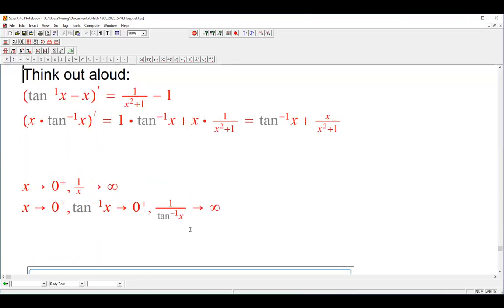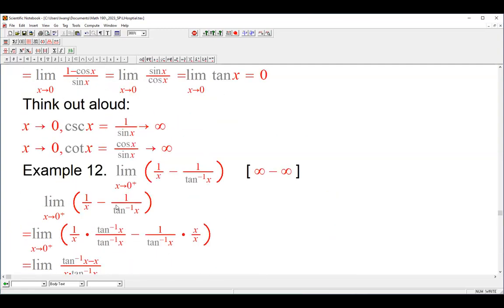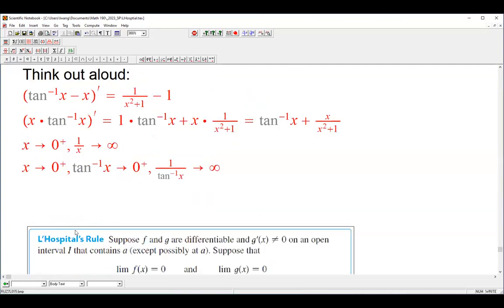Last but not least, okay, it's number 56, or I will call it example number 13. Example number 13. Okay. We have a limit situation.